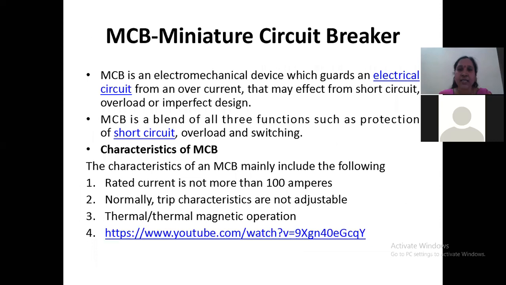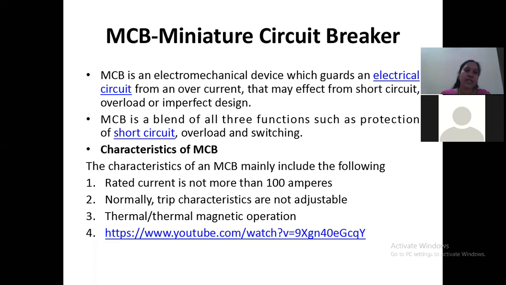It's an electromechanical device which is going to guard an electrical circuit from overcurrent that may result from the short circuit, overload, or imperfect design of the circuit. So this MCB is going to protect against the overcurrent, short circuit, overloading, as well as the imperfect design of the circuit. By mistake, if the design is imperfect, then also MCB is going to protect the circuit.